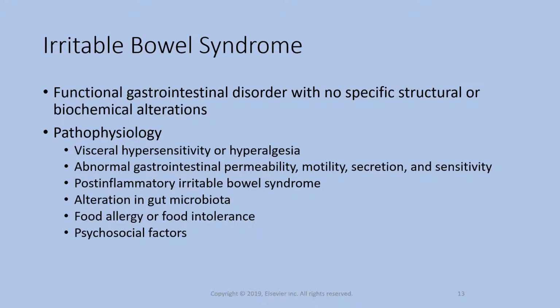Irritable bowel syndrome is a functional gastrointestinal disorder with no specific structural or biochemical alteration. The pathophysiology involves visceral hypersensitivity and hyperalgesia, abnormal gastrointestinal permeability and motility, pro-inflammatory factors, food allergy, food intolerance, and some psychological factors.